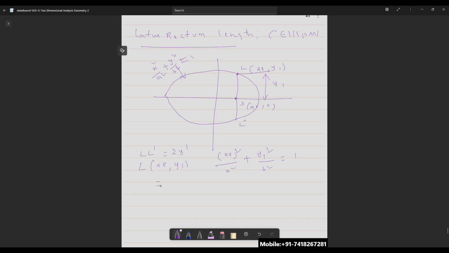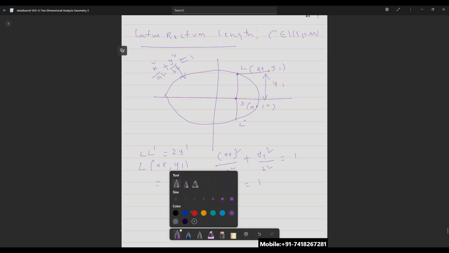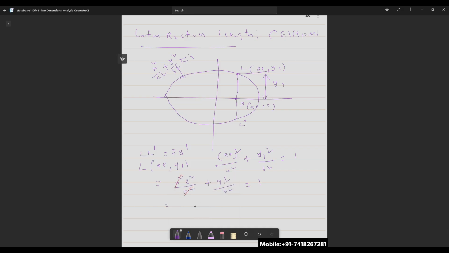Then the a square will cancel, and y1 square is equal to b square into 1 minus e square.